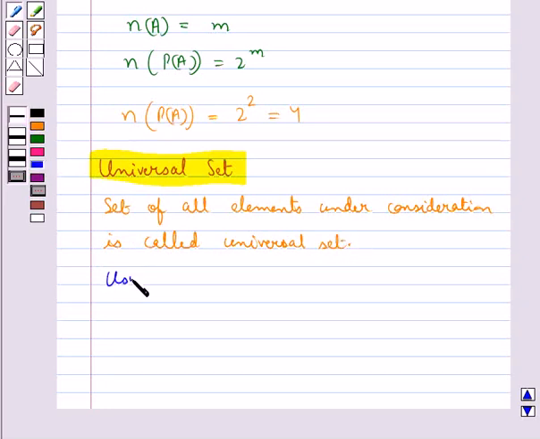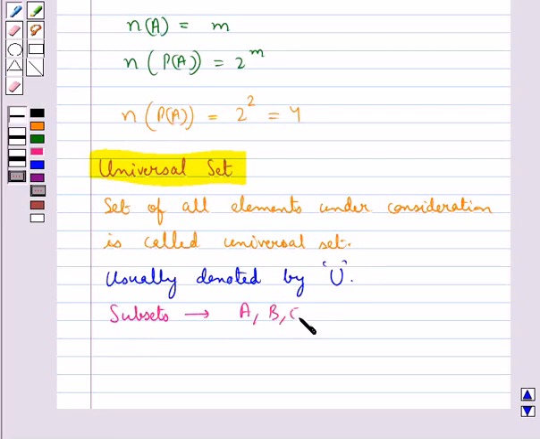It is usually denoted by the capital letter U and its subsets are denoted by the letters A, B, C, etc.